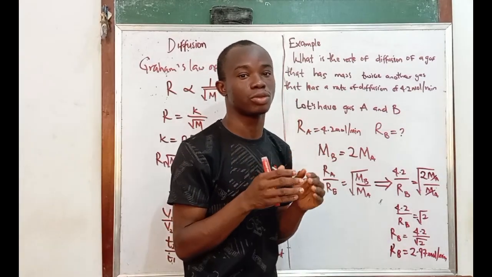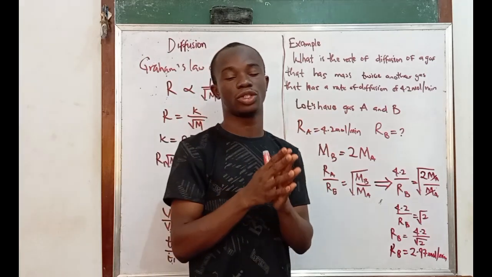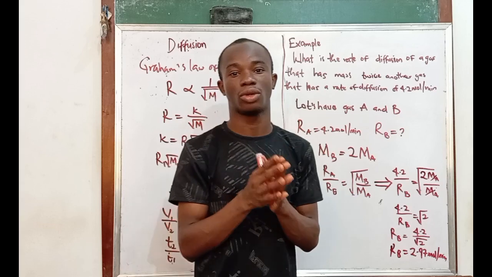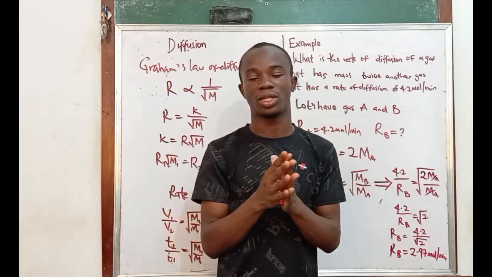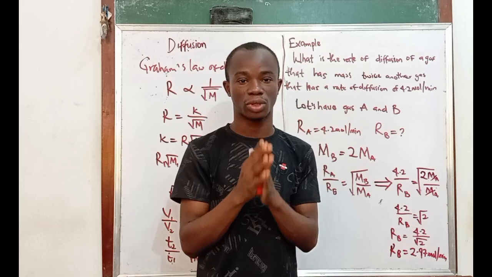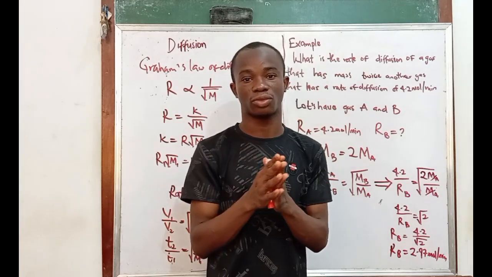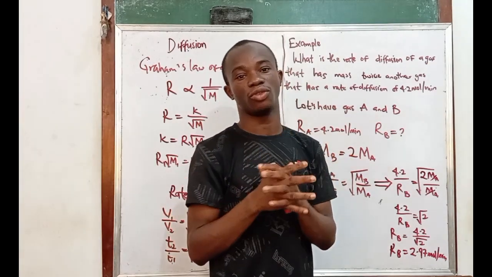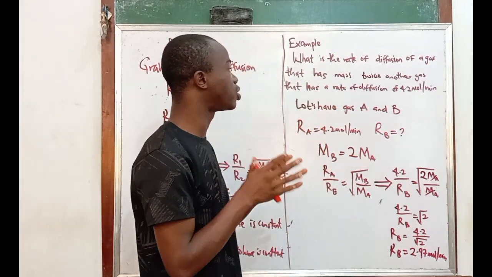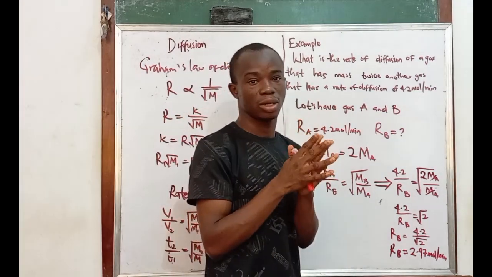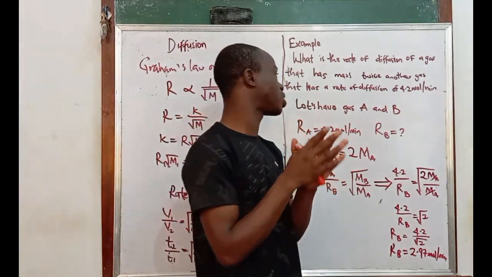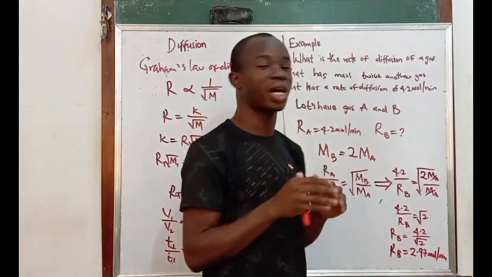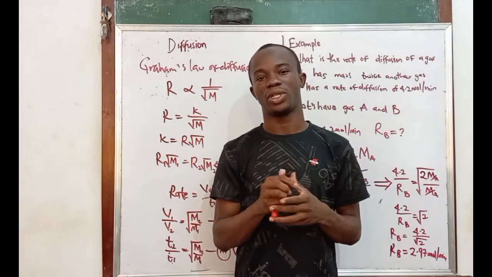The first thing is to note the conditions given in the question and bring out everything that is given to us, probably in terms of the rates of the two gases involved and the masses of the two gases involved, and then you can use the correct expression to solve the given problem. So in this case, the rate of diffusion of the gas which has a mass twice another gas that has a rate of diffusion of 4.2 mole per minute is 2.97 mole per minute.